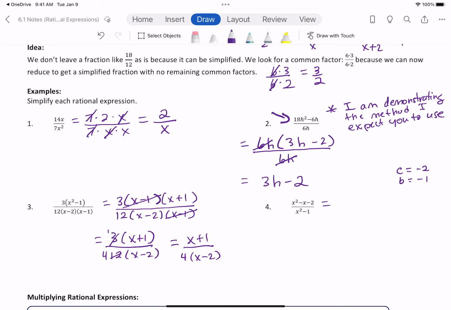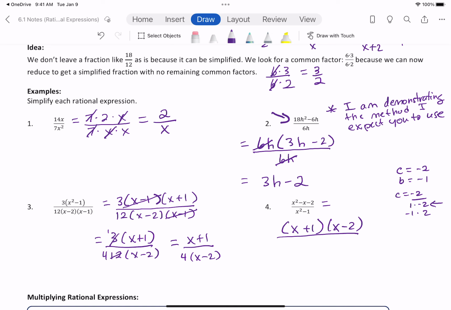So luckily this one doesn't have a lot of choices, right? For the c, this could be 1 times negative 2 or negative 1 times 2. And the first pair is the one that will give me the negative 1. So I can write the numerator as x plus 1, x minus 2.